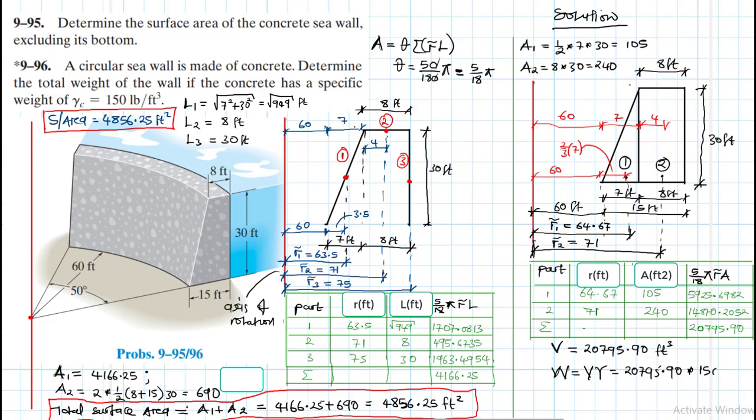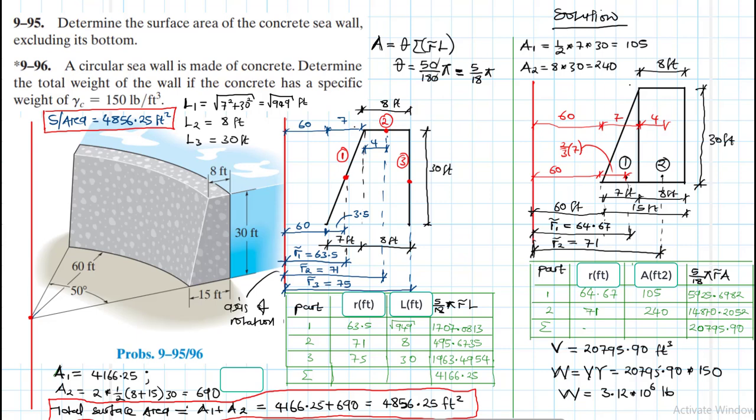So by 150, what we get finally is W is equal to, if you multiply 20795.90 by 150, okay, we'll have a large value which I'll just write using this notation. It will be 3.12 times 10 to the power 6 pounds.